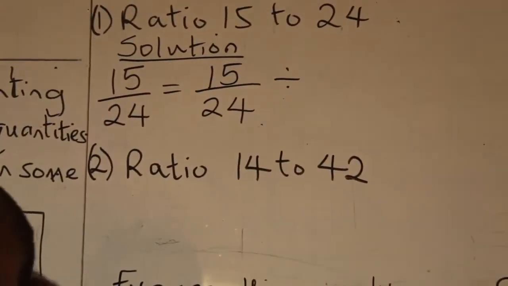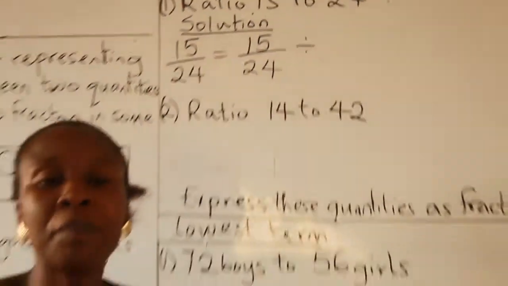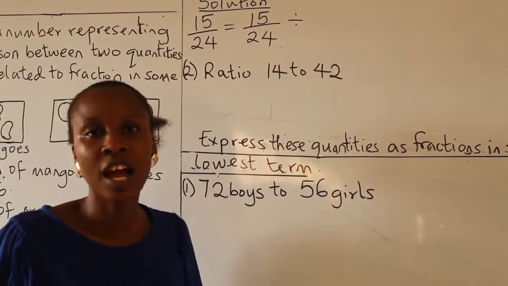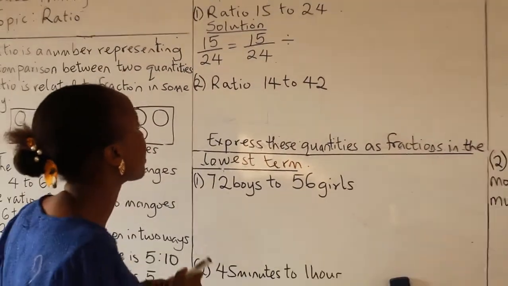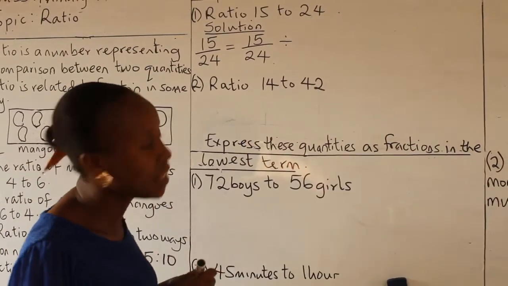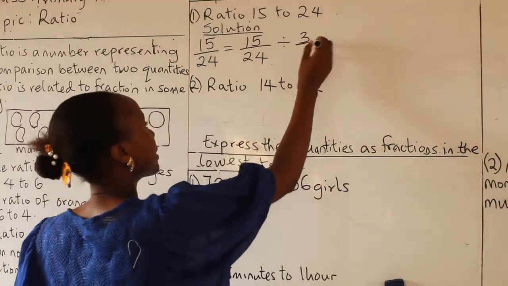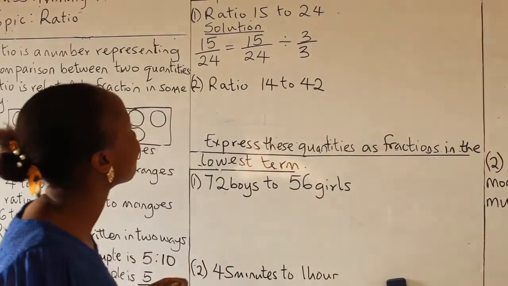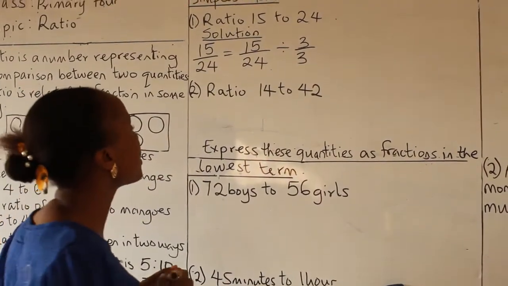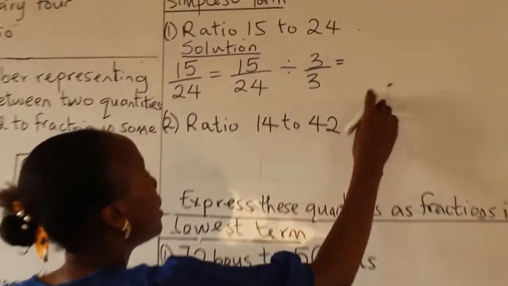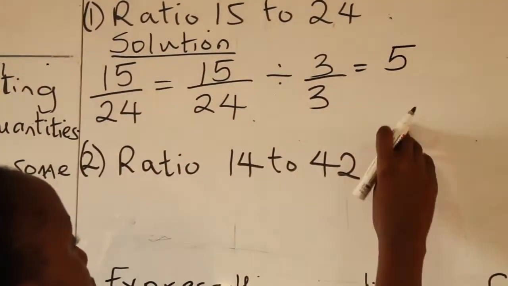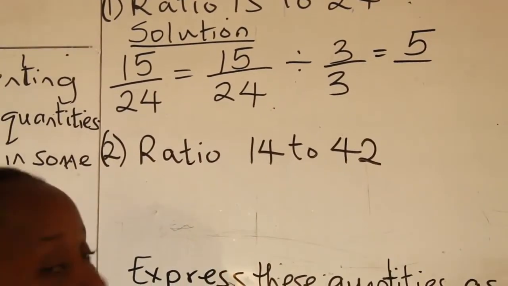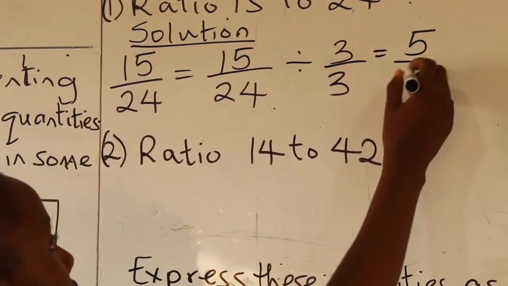What single number can divide 15 and 24? I think 3. 15 divided by 3 is equal to 5. And 24 divided by 3 is 8.